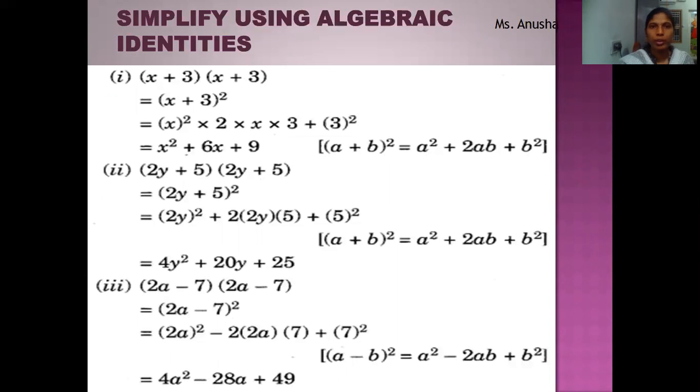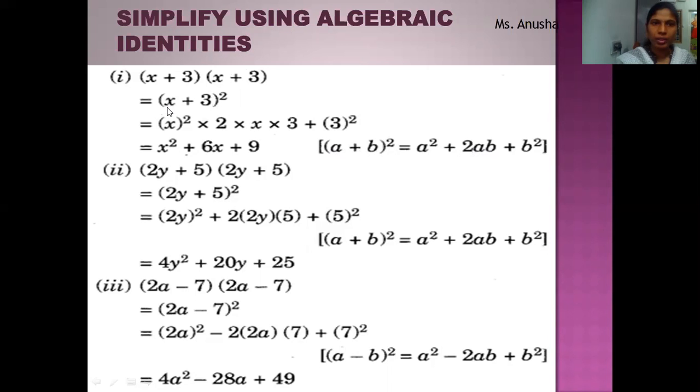Okay, use and simplify using algebraic identities. By using those algebraic identities, we need to solve these problems. First problem is (x+3)(x+3). It's there two times, so I have written (x+3) the whole square. You can use the formula (a+b) the whole square equals a square plus 2ab plus b square.